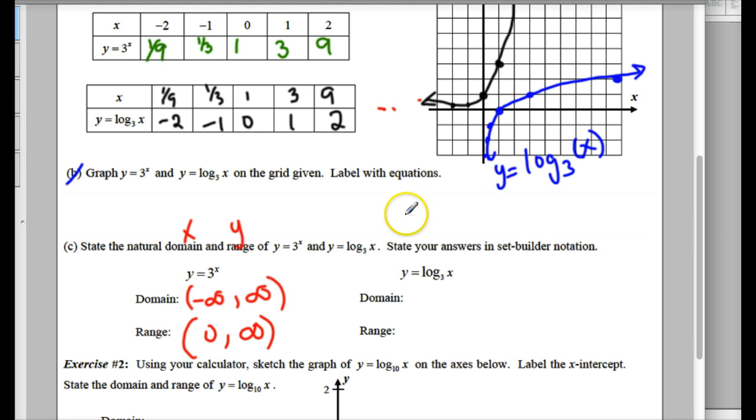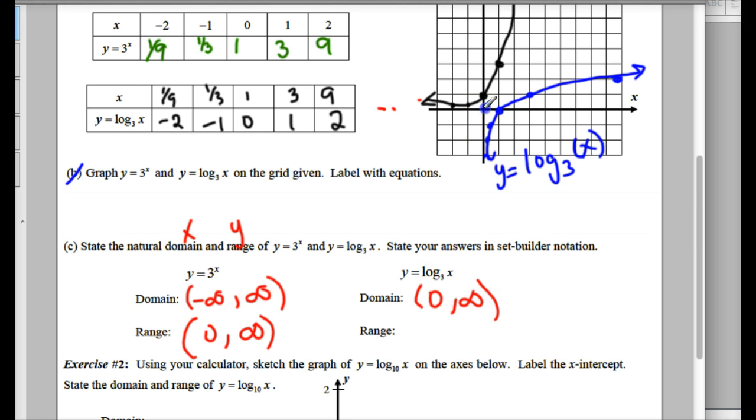Now let's take a look at what's happening with the inverse, which is the log function. Again, the x value, remember it switches, so for my domain, the x value gets closer and closer to 0, but it will never touch 0. So my domain will be 0 to infinity.